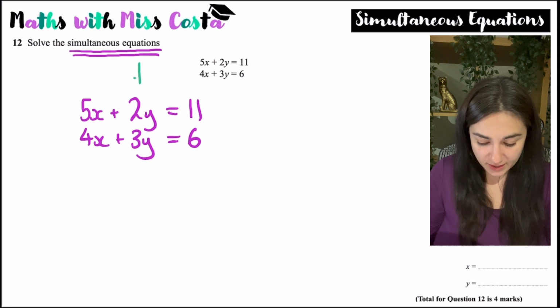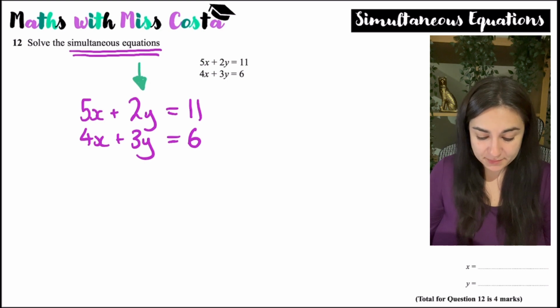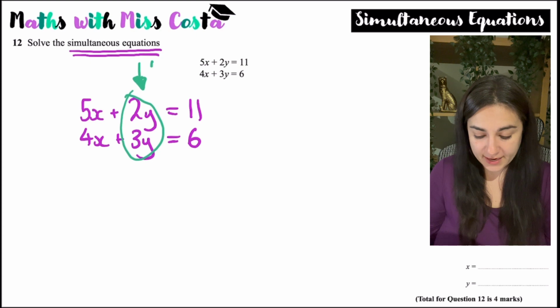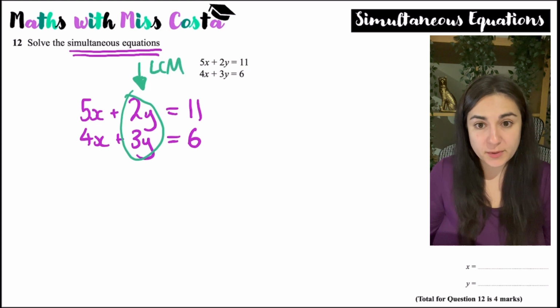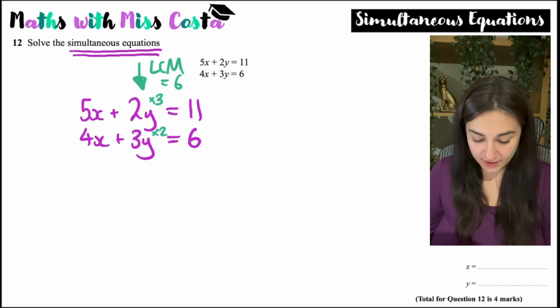So I look at this variable and I want to make them equal. In order to do that, I'm going to have to find the lowest common multiple. The lowest common multiple of 2 and 3 is 6. So what do I do to 2 to get it to 6? I multiply 2 by 3, and I multiply 3 by 2, which ends up with 6y.